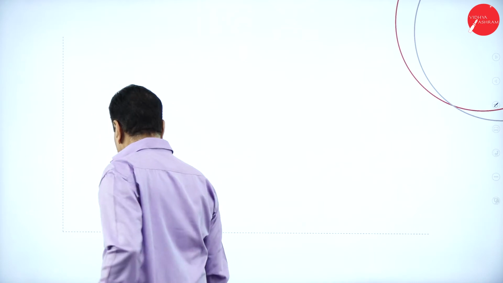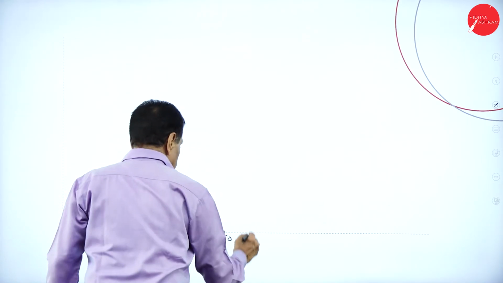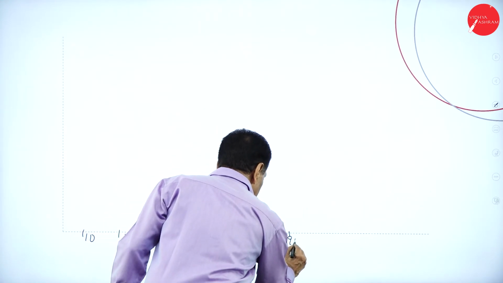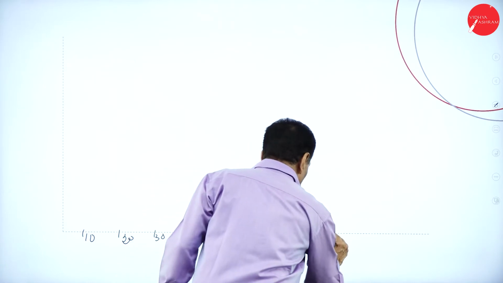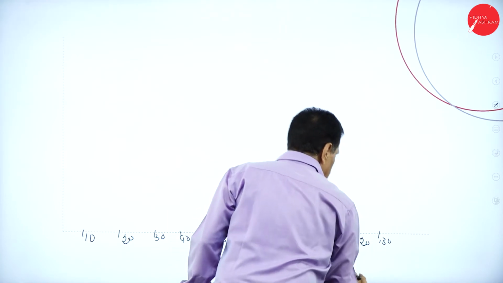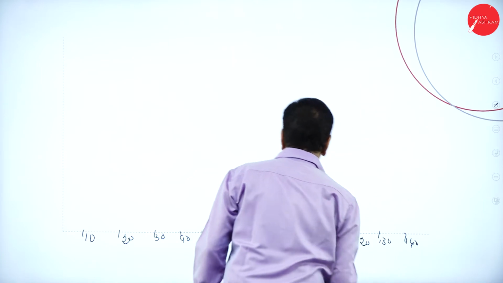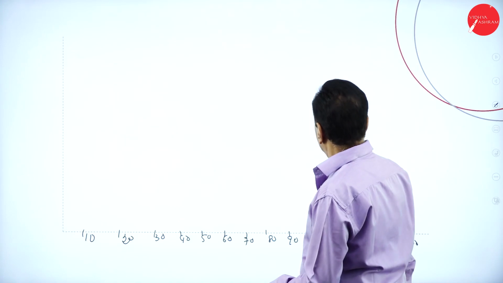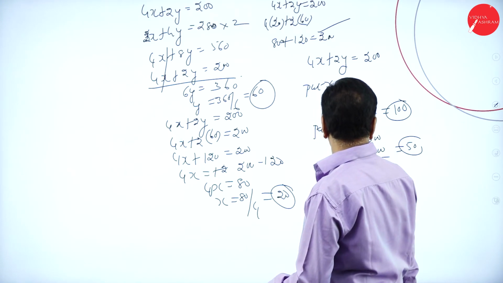So on the scale 10, 20, 30, 40, 50, 60, 70, 80, 90, 100, 110, 120, 130, 140. Highest value of y, see that? 70. Here, highest value of y is 100.